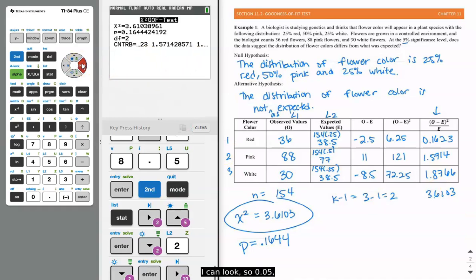Okay, so I can look, 0.05, that's my alpha. 0.1644, this is definitely larger.